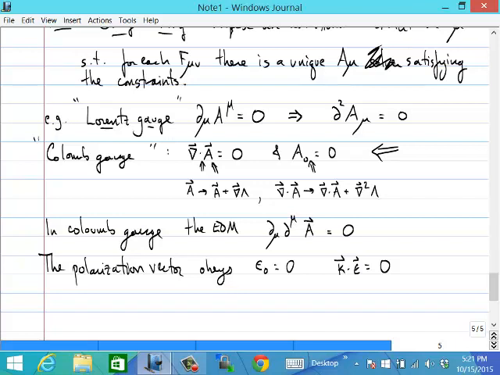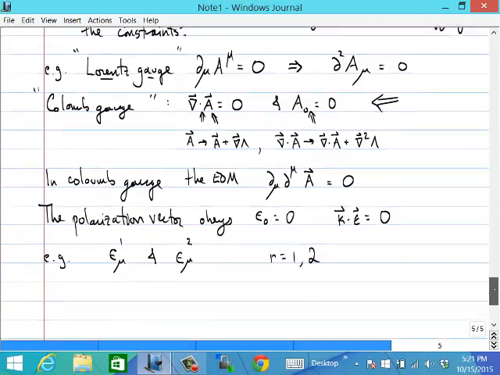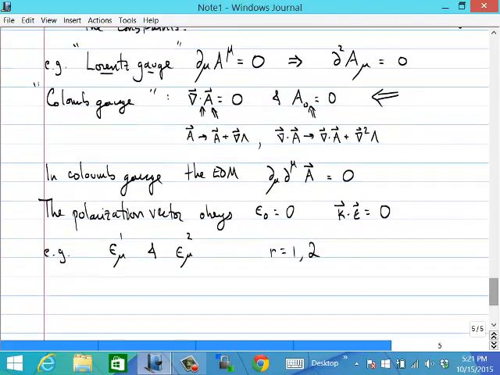So, for example, the epsilon mu's that I wrote down above, you could write them as epsilon mu 1 and epsilon mu 2, so that the label R that labeled the different polarizations would run from 1 up to 2, where you then choose a set of epsilon mu's that obey these two equations.